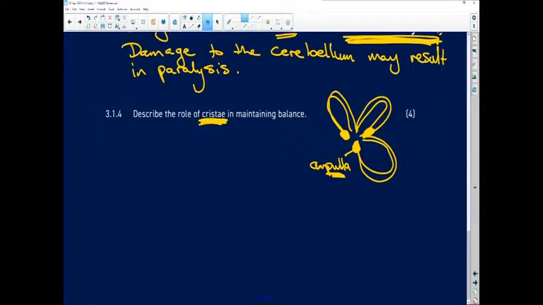Now, those are your receptors. So what do your receptors do? Remember the process of nerve transmission. You have a receptor. The receptor converts the stimulus to an impulse. That's the receptor's job.